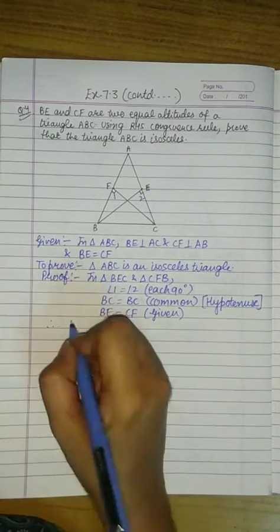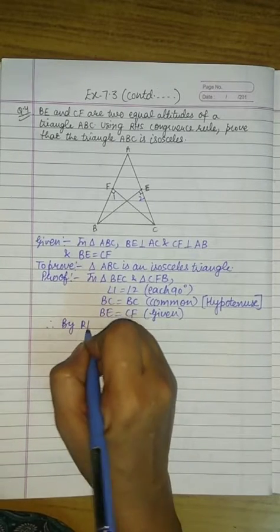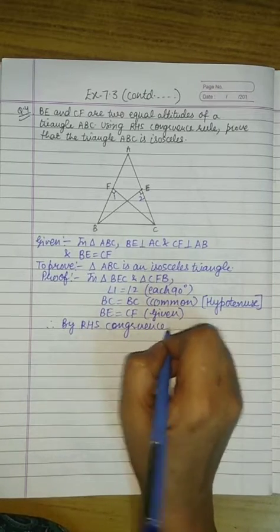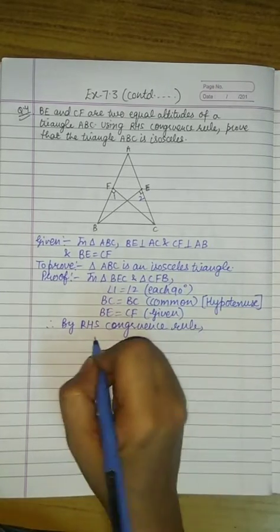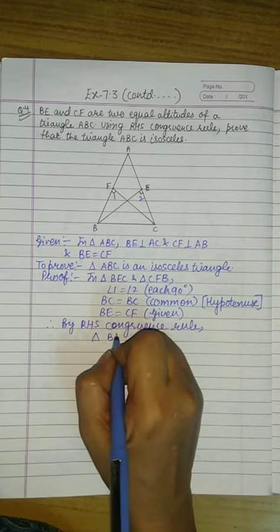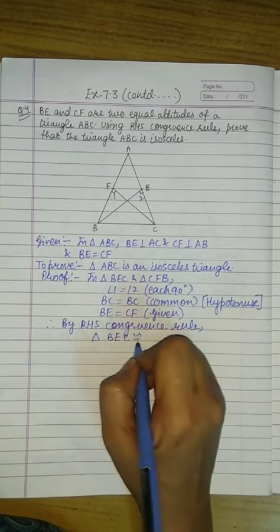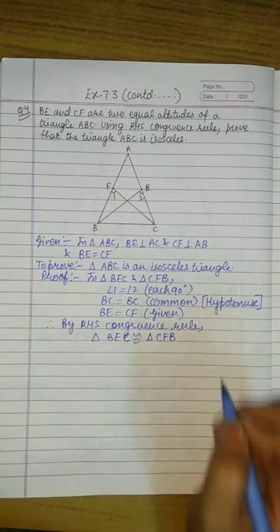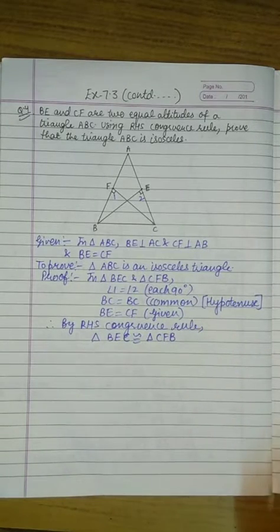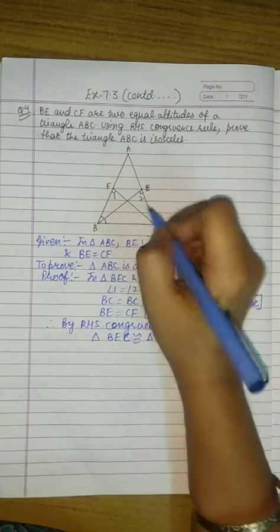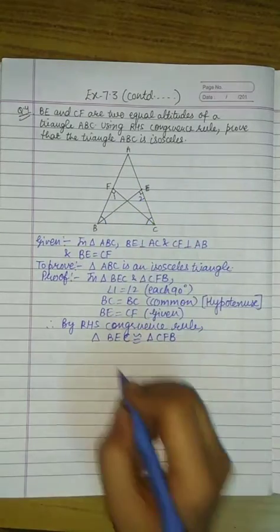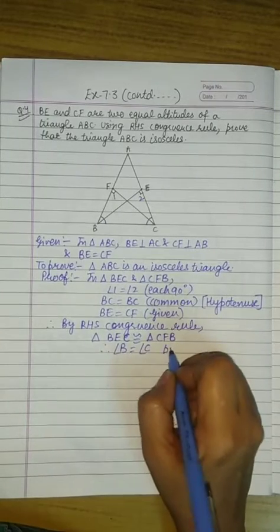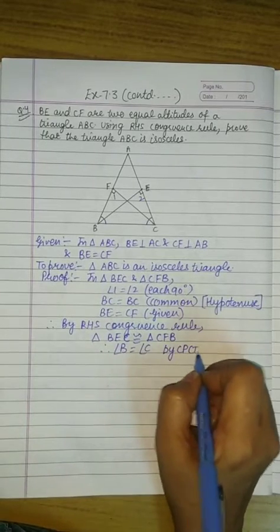So therefore by RHS congruence rule, triangle BEC is congruent to triangle CFB. Now if both these triangles are congruent, then angle B is equal to angle C. Therefore, angle B is equal to angle C by CPCT.